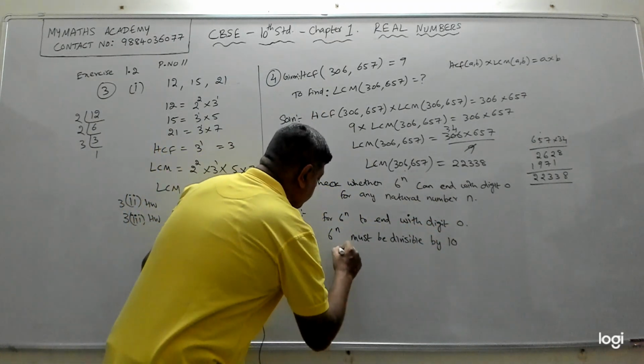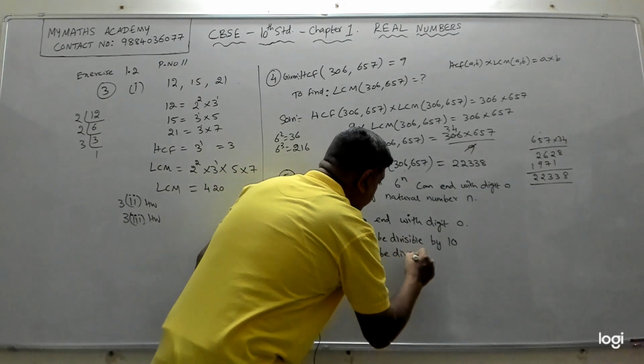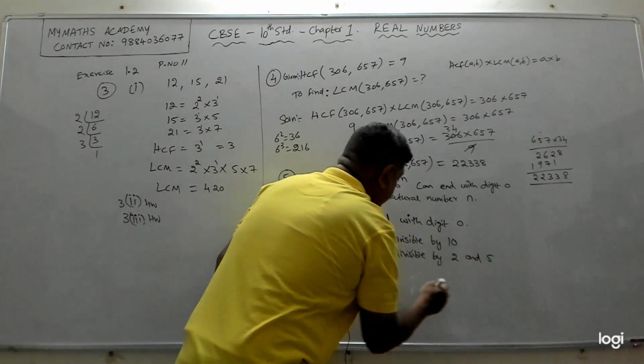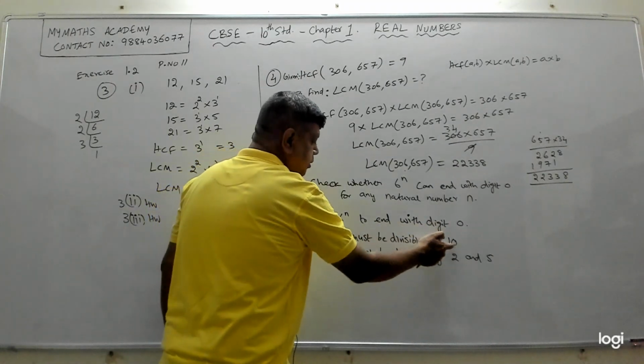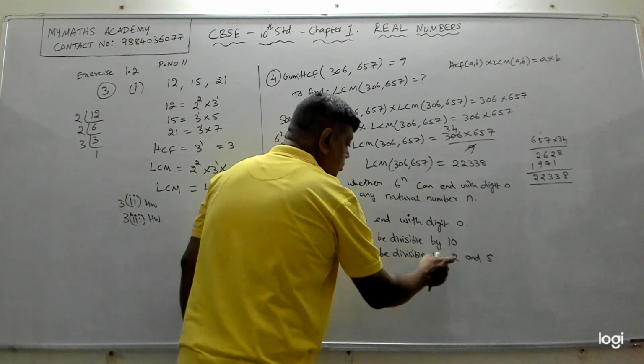Which means 6 power n must be divisible by 2 and 5. If 6 power n must be divisible by 2 and 5, what does that mean?